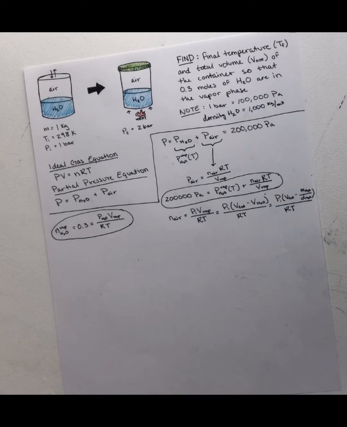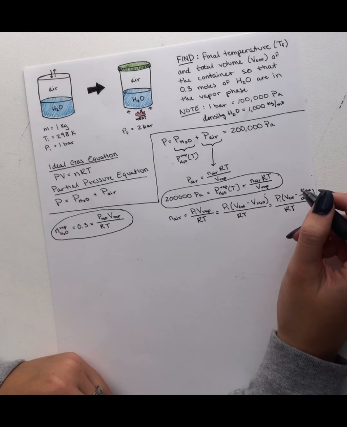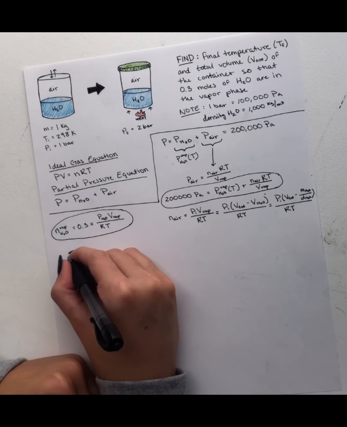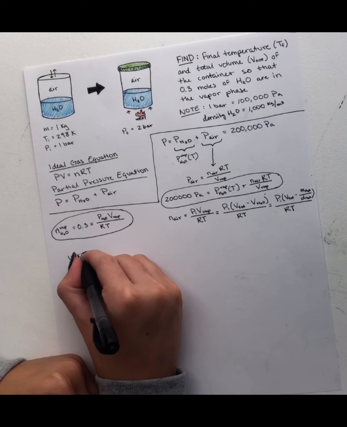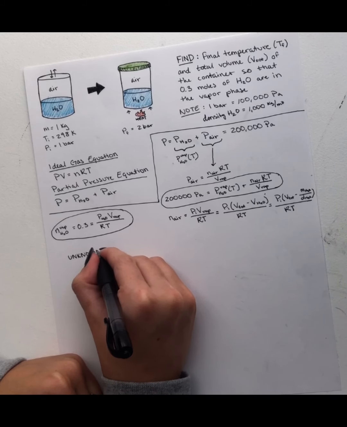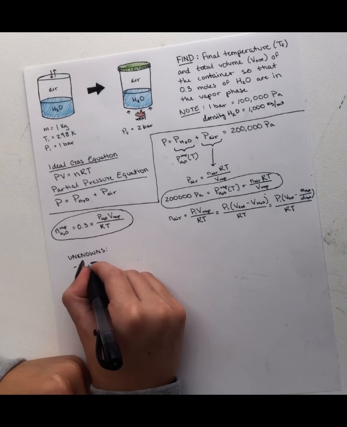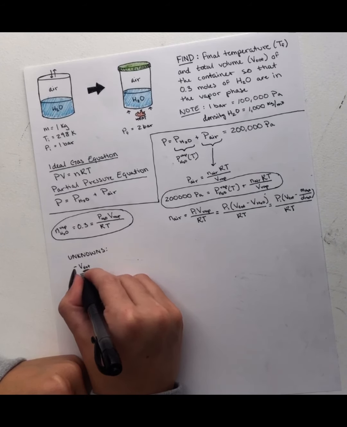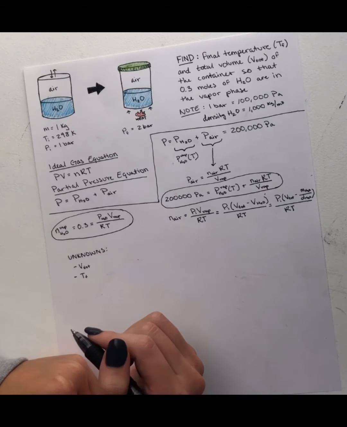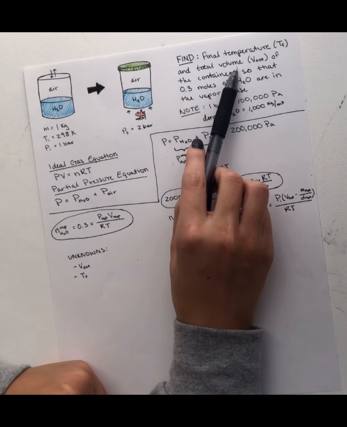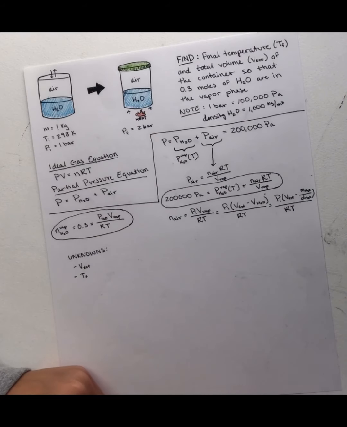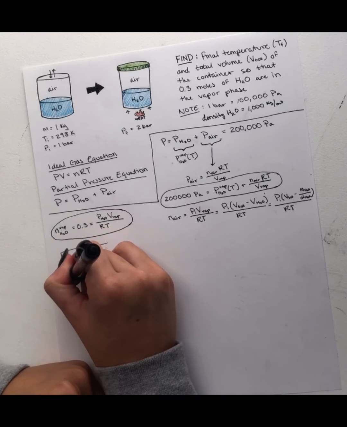So now our only two unknowns are T final and V total, which we initially talked about here.